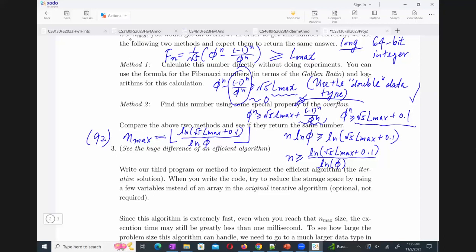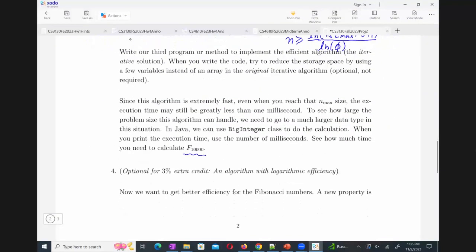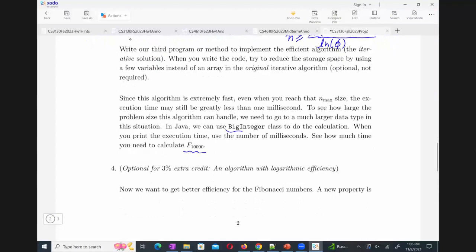Not too big. Fibonacci numbers after 92, you cannot compute correctly. So that's the reason we choose the big integer.